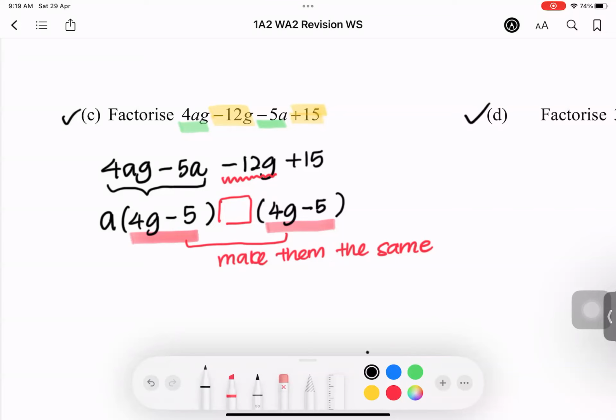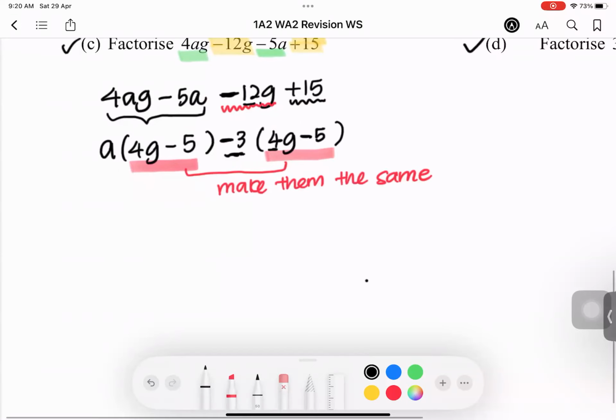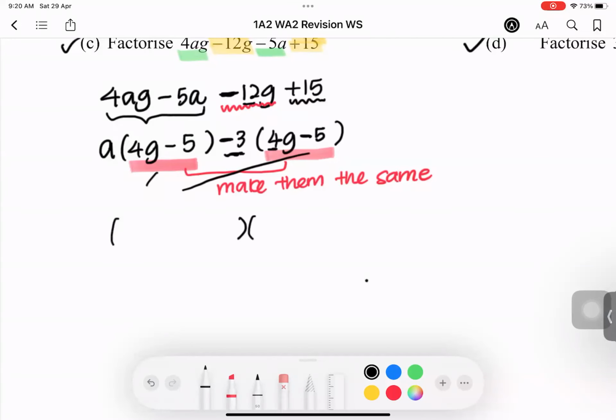Positive 3 times 4 gives me 12, but the sign is not correct. This is negative 12. So we should take out a negative 3. Then remember, positive 15 divided by negative 3 will become negative 5. So now these two brackets are the same. We can write these two of them into two brackets.